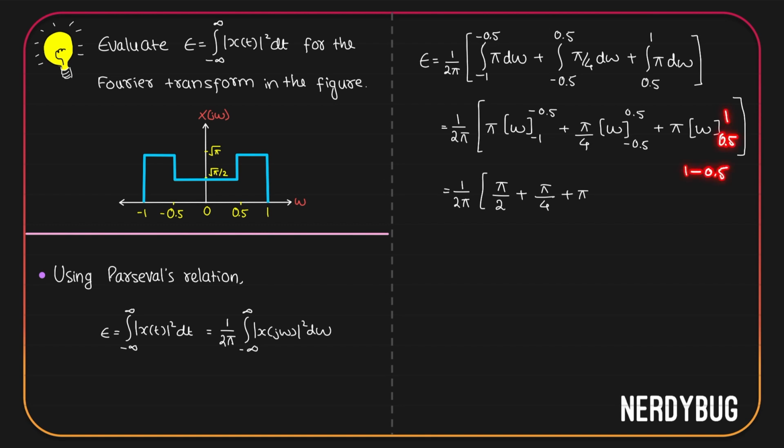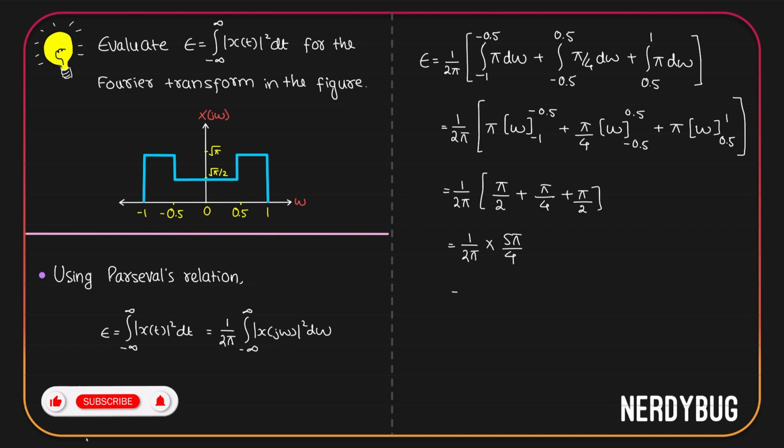So 1 minus 0.5 is 0.5 or 1 by 2. So this is 1 by 2 pi multiplied by, adding all of these, we get 5 pi divided by 4. Pi and pi get cancelled. So this is 5 divided by 8. Energy of the signal x of t is 5 by 8 units.